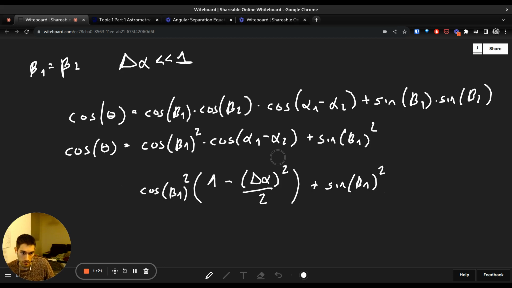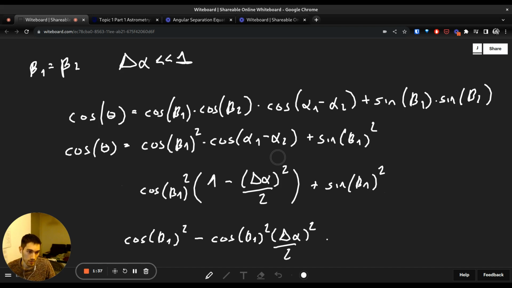And if we expand this, it is cosine beta 1 squared minus the alpha difference term, plus sine beta 1 squared. And sine something squared plus cosine of something squared is equal to 1. So that means we can simplify this one and this one, replacing them with 1.